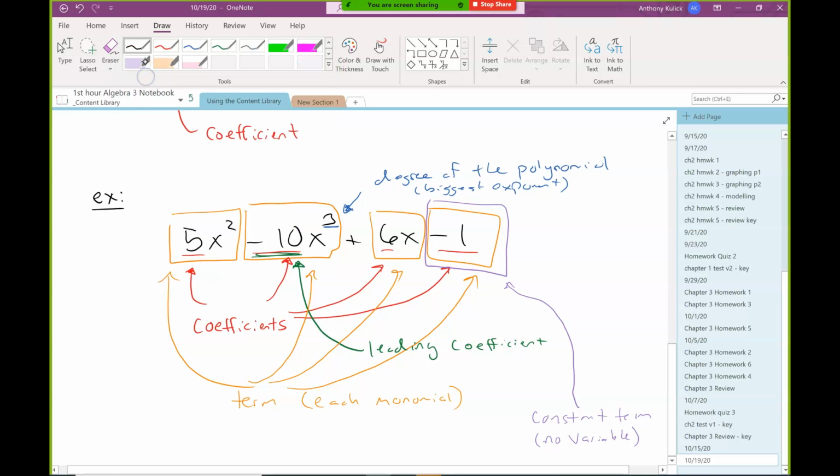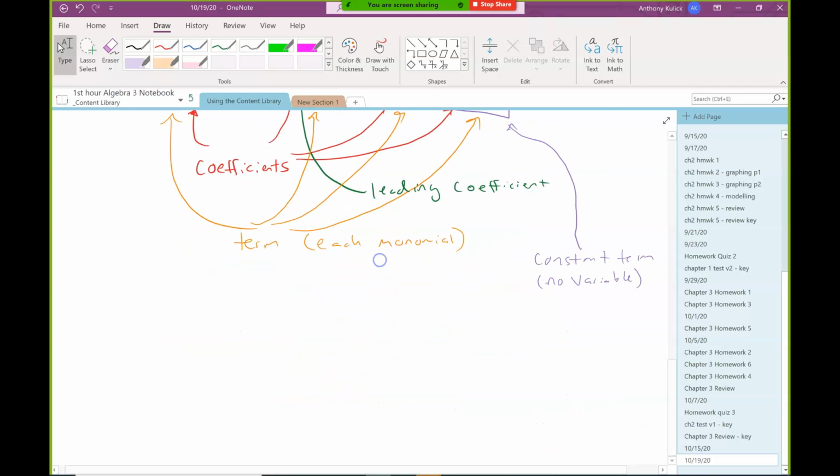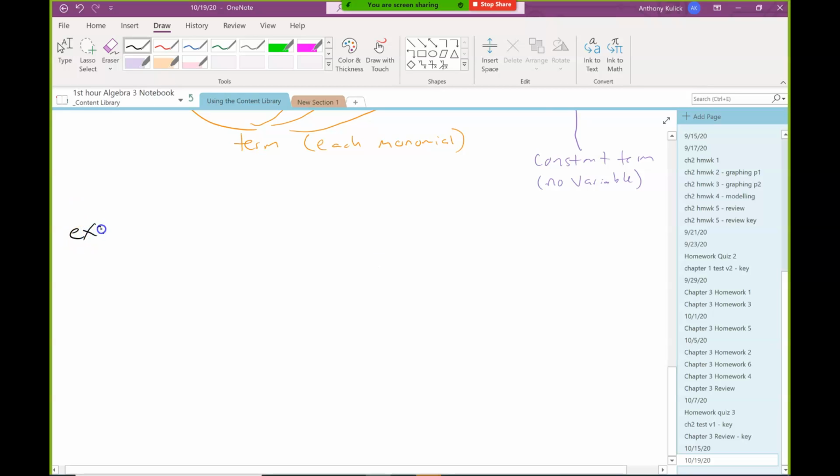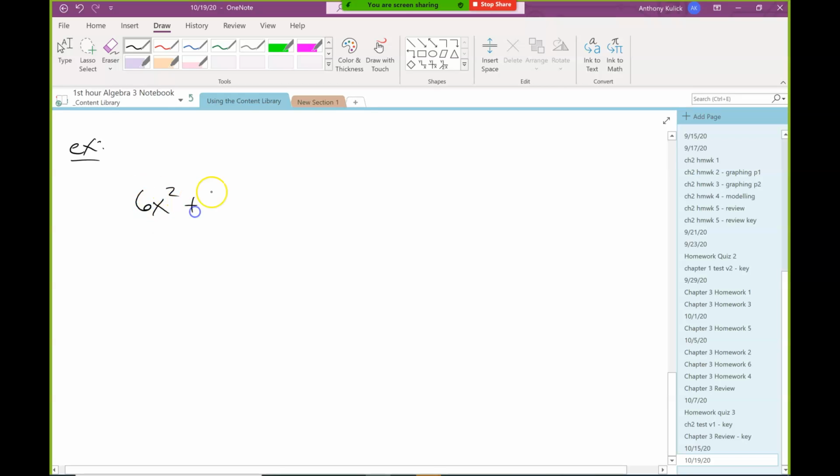Let's do an example where we practice that vocab, just to make sure we got it. So let's ask a bunch of questions here.